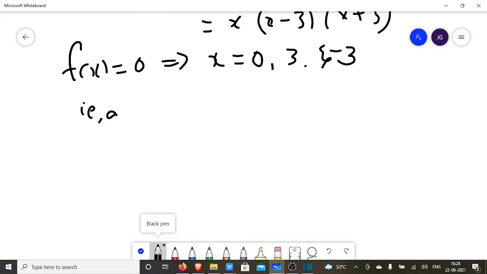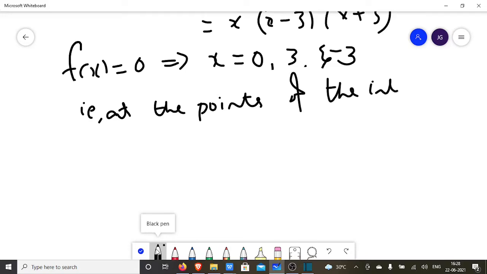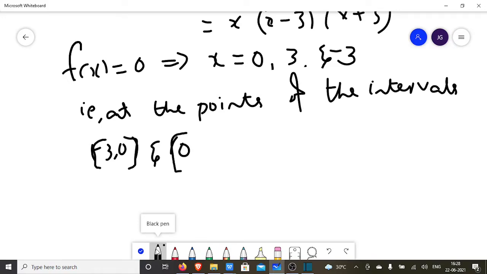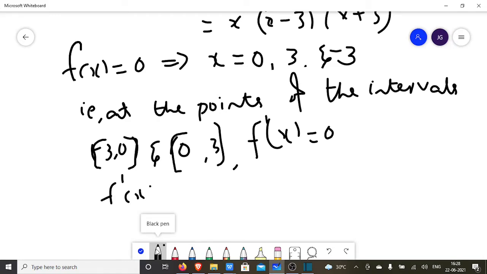That is, at the endpoints of the intervals [minus 3, 0] and [0, 3], f of x equal to 0. Now consider f dash x.